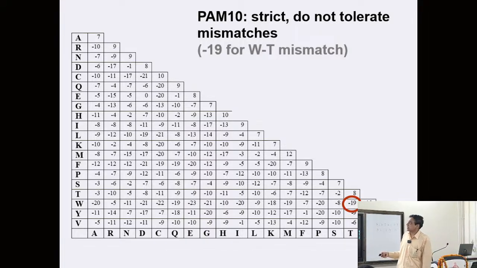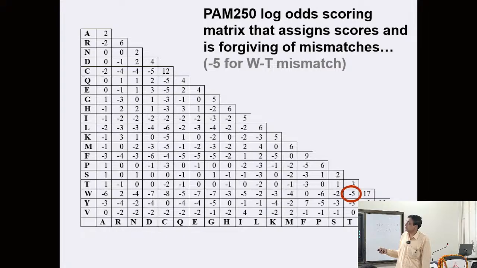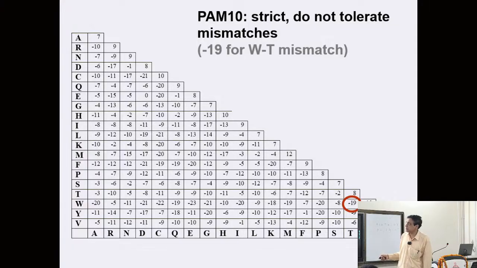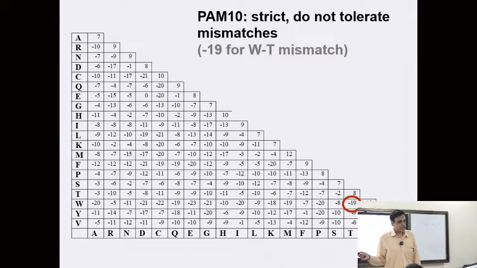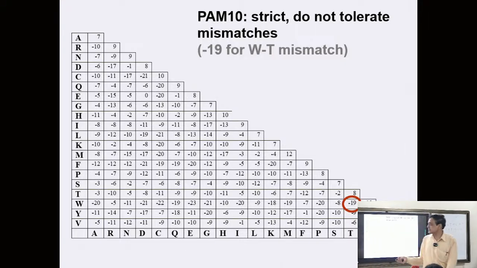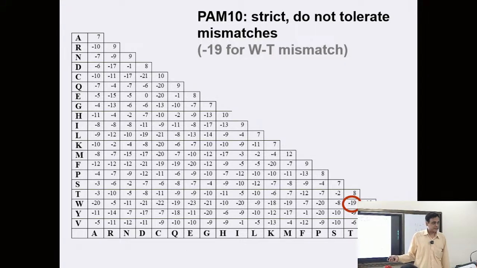If you look at the score for the WT mismatch in PAM250, it gets a score of -5. So it is more strongly negative in PAM10, but not in PAM250. Compared to PAM250, this is more strongly negative, right?